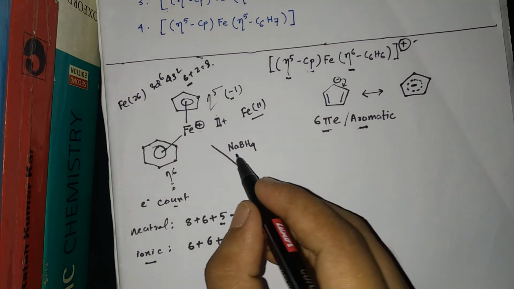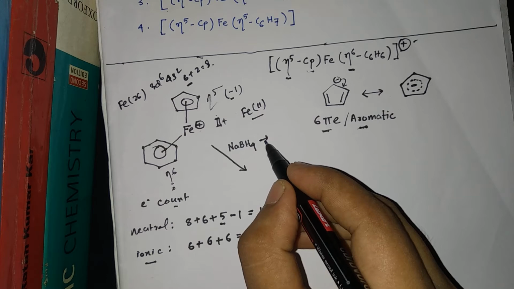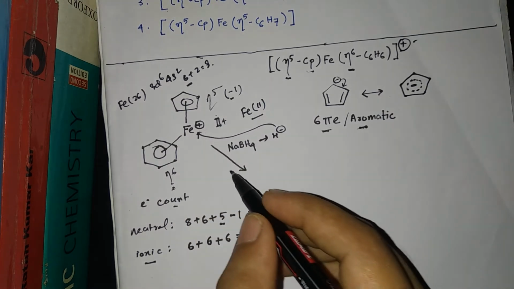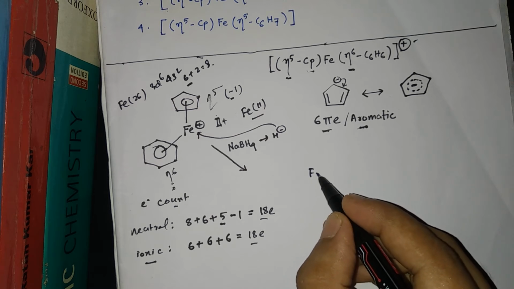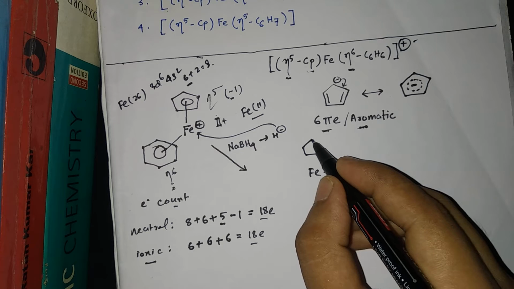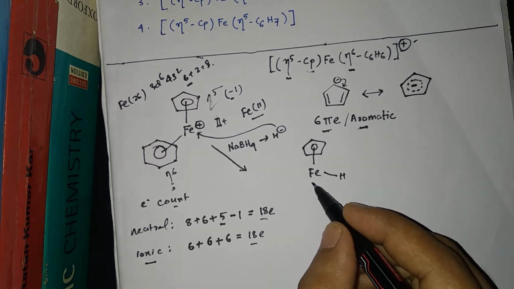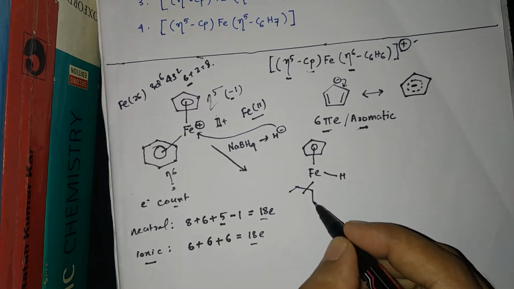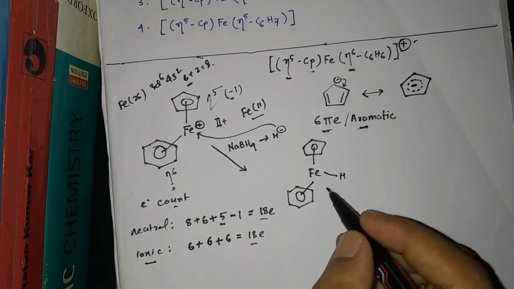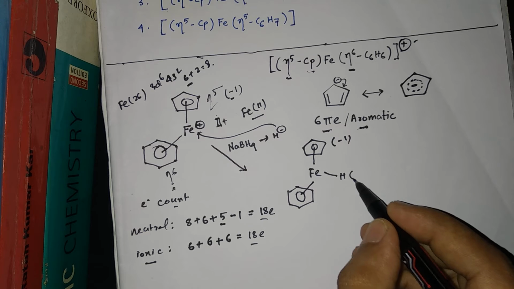Okay, so sodium borohydride is given. Sodium borohydride will give H minus. This H minus will react with this iron. So what will form? It will form this one: H, and here this Cp ring is there, and here this benzene ring is there. Here it has a negative charge and this H minus a negative charge.